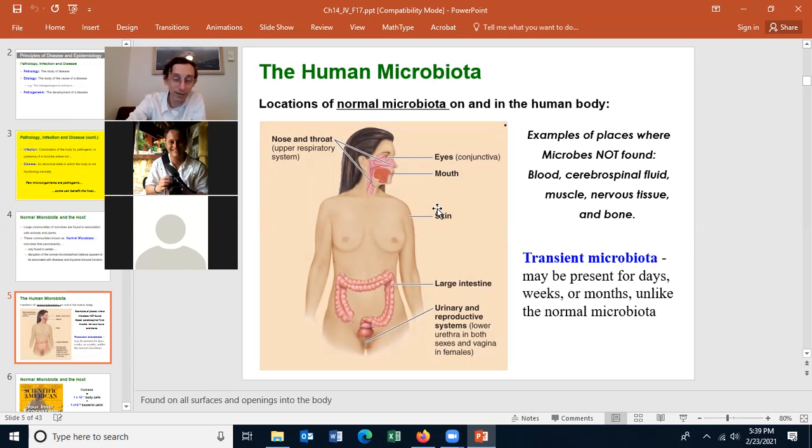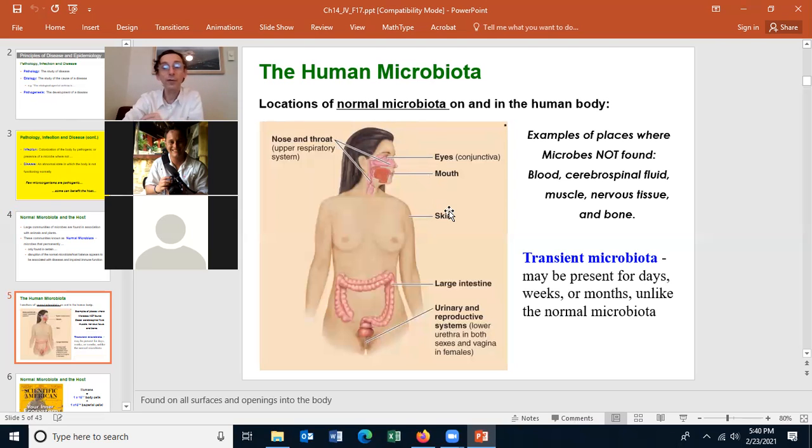You're not born with Staphylococcus epidermidis. It's possible you could pick it up during birth, but it's usually picked up from your parents, and it normally is with the patient for the life of that patient. That's what the normal microbiota is. So, for a very long time.